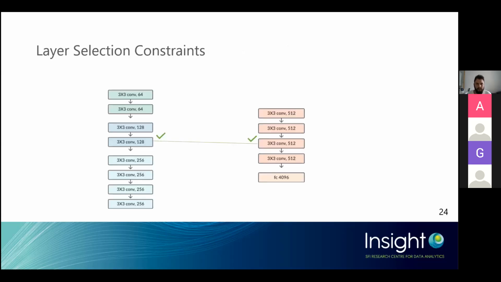So a layer selection constraint is the first one. This is just the idea that if you want to transfer knowledge from specific layers of a teacher and student network, you need to actually go in and pick which layers to transfer from. It's an arbitrary choice, but it does have a large effect on the overall performance of the method.